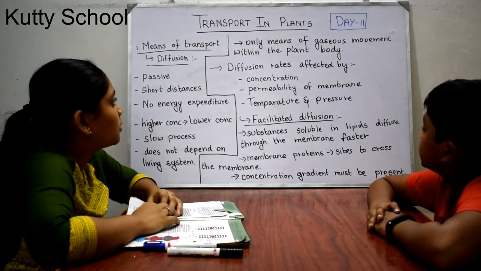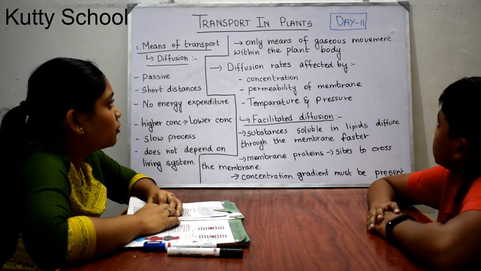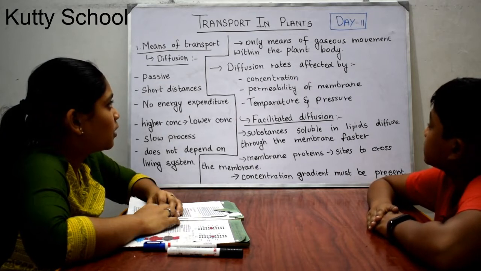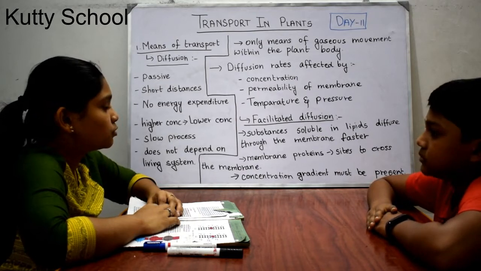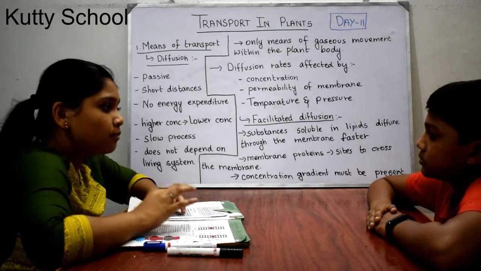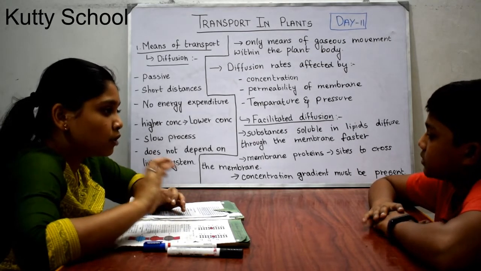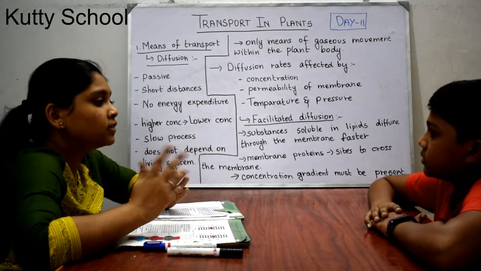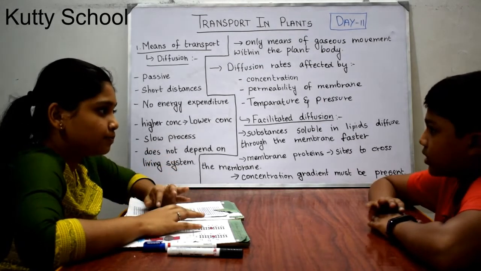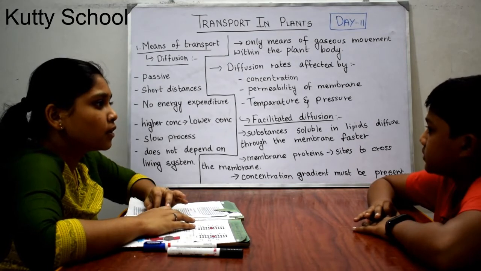Diffusion is the only means of gaseous movement within the plant body. Only through diffusion can gases move out of and into the plant body. Water can also move.